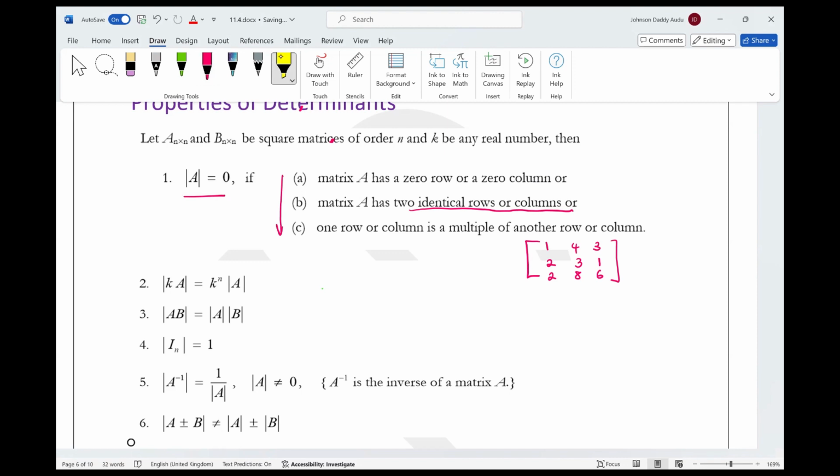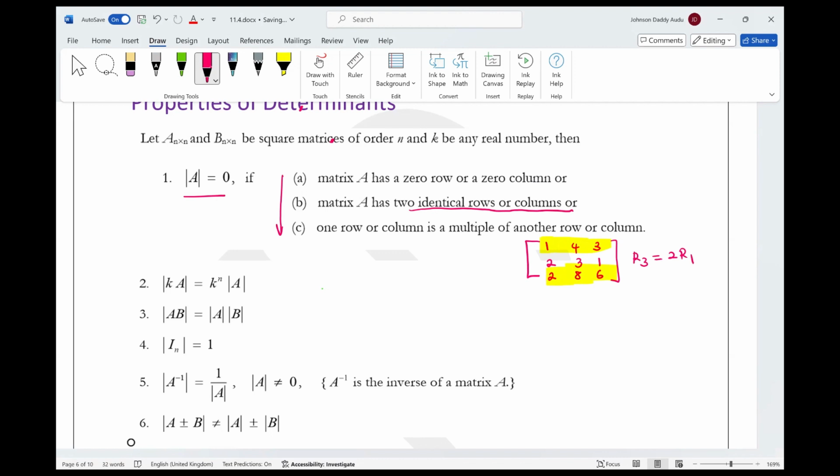Why? Because if you look at the first row and the third row, you can see that row 3 is nothing but 2 times row 1. So it means that one row is a multiple of the other. So for this one, you don't need to struggle. The determinant is going to be just 0.